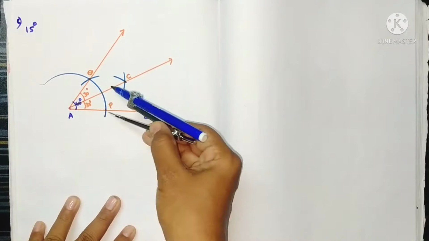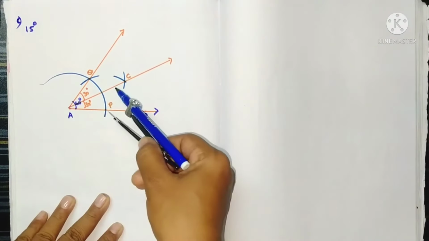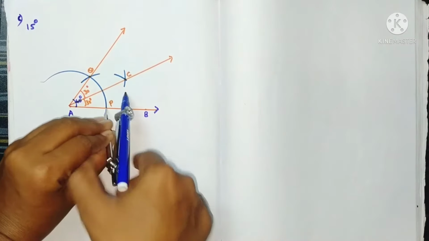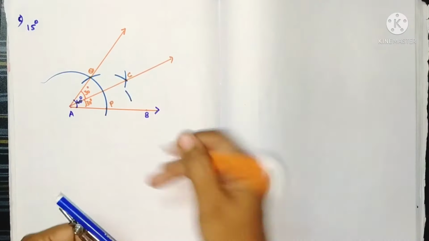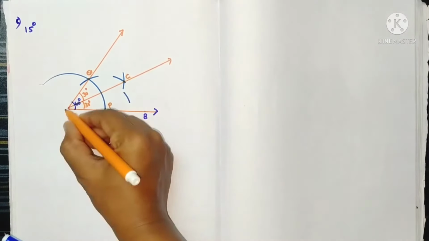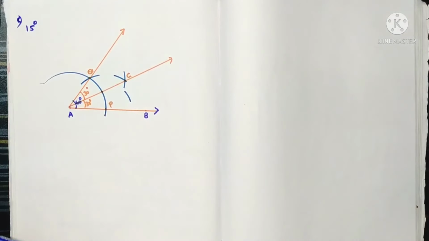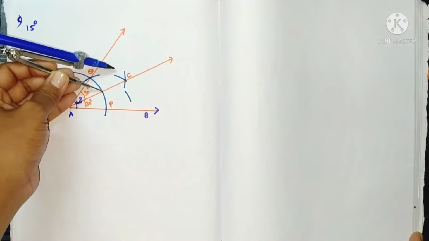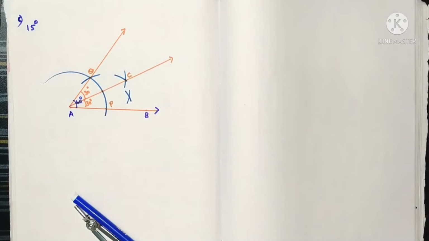So again we have to bisect this angle. With some radius, you can take any radius, from P draw an arc. CAB is the angle. From this intersection point, with the same radius, cut the first arc.